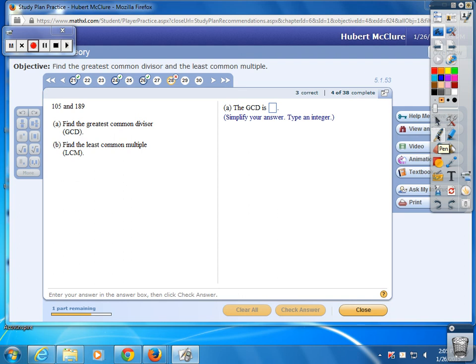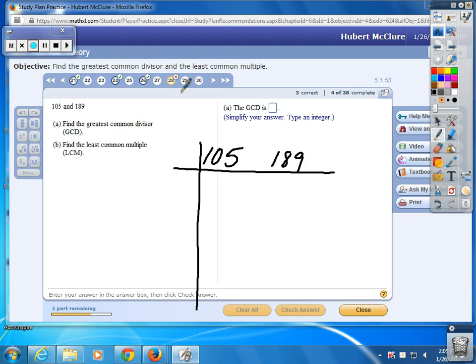All right. So 105 and 189. Well, I know that 105 is divisible by 5, but the 189 is not divisible by 5, but they're both divisible by 3 probably, because of the 9 and the 5.